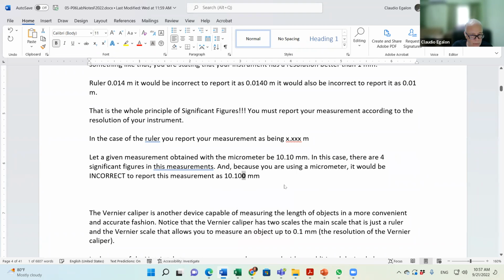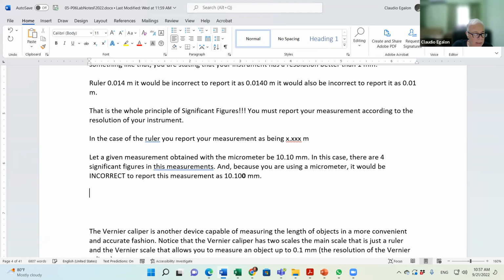I'm going to bold-face that. This same measurement should be reported by the vernier caliper as 10.1 millimeters, and that's because of the resolution of the caliper.